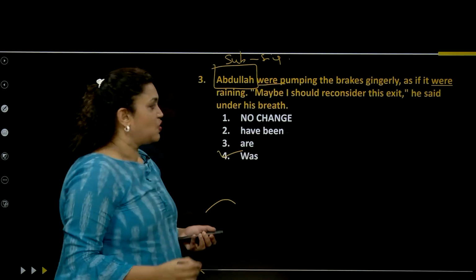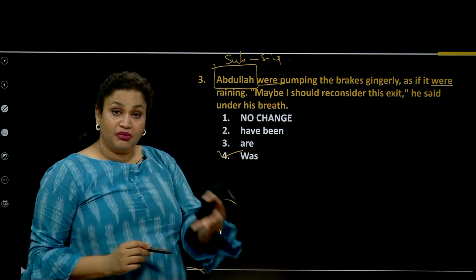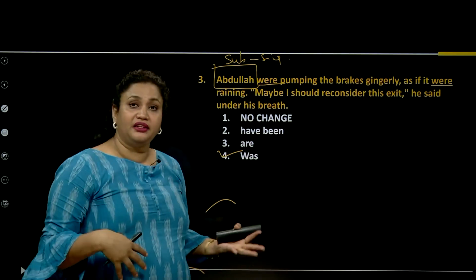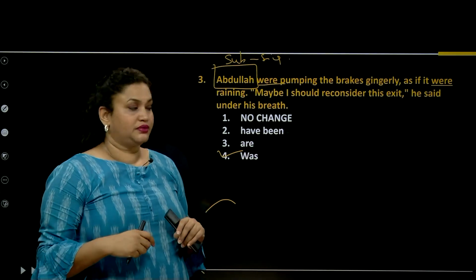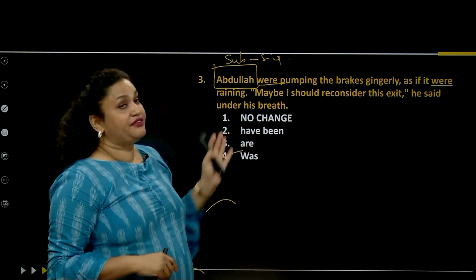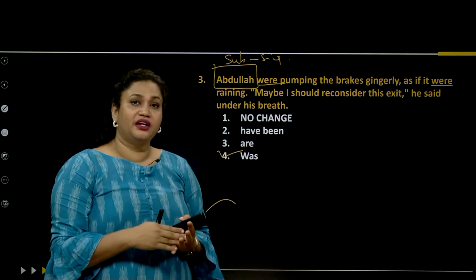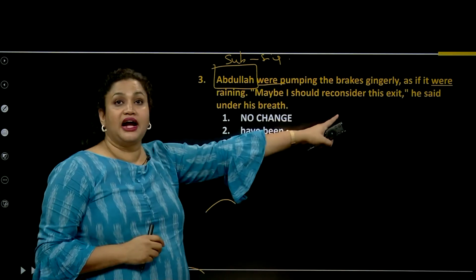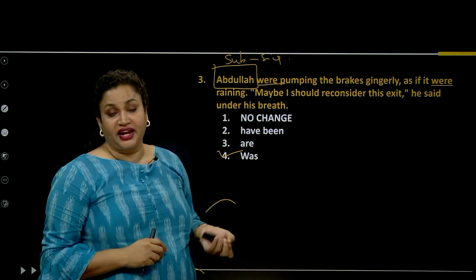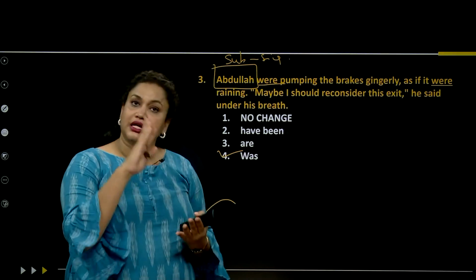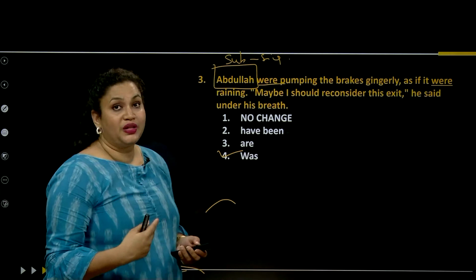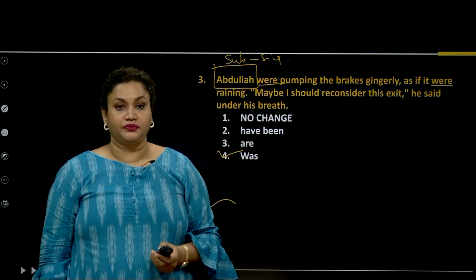Therefore, the answer is was. Because it is in plural format, we bring it in the singular format, singular verb. As if it were raining. Whenever we talk about the hypothetical, that phrase, as if it were raining, is the right usage. Clear? Let's go to the next one.